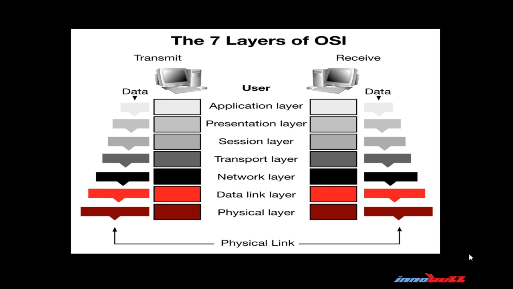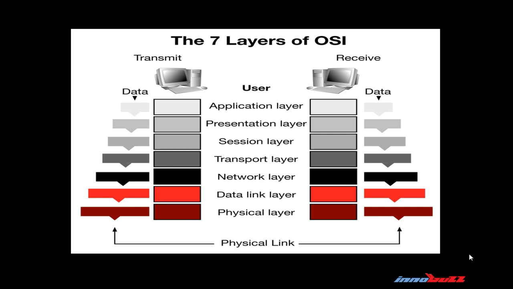Physical layer deal with bits transmission. Data link layer has two subdivision. First one is LLC means logical link control and MAC media access control. LLC work as an interface between network layer and data link layer, and media access control layer provide MAC filtering.